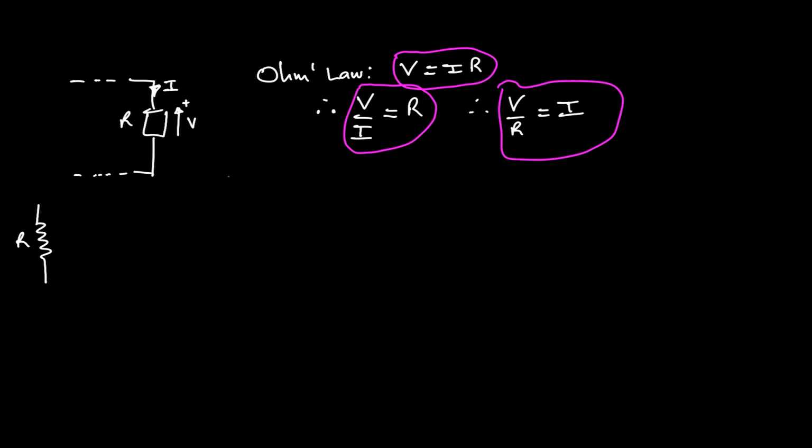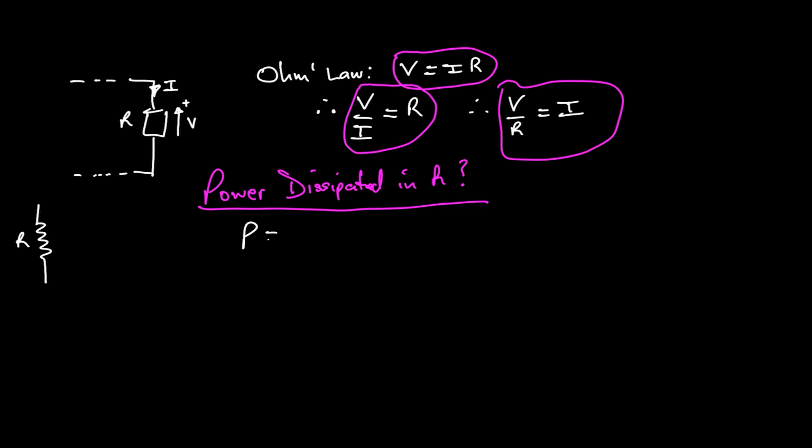Okay, what about power dissipated in the resistor? Essentially the power dissipated, call it P, is just going to be the voltage times the current.